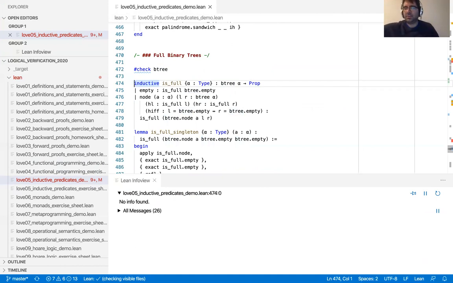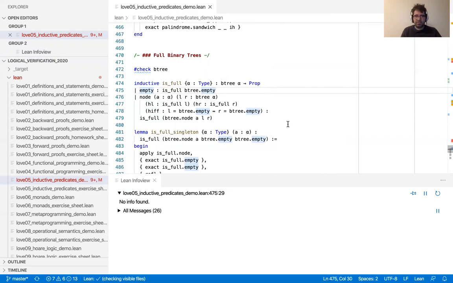So here's my whiteboard. This is not a full tree. Whereas this is, you see, because you have a nice layer at the bottom that's all at the same level. So I'm leaving this one as an exercise for you to study.